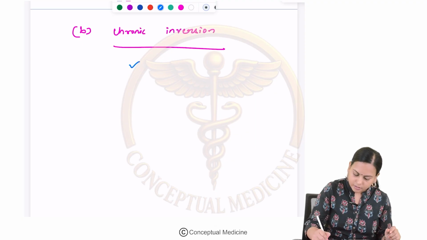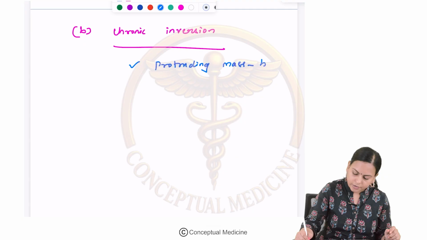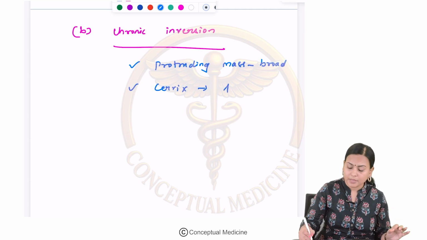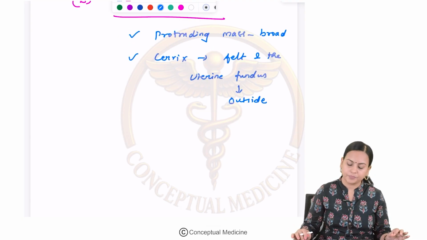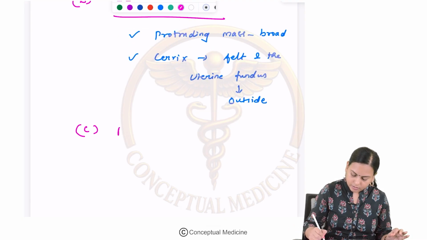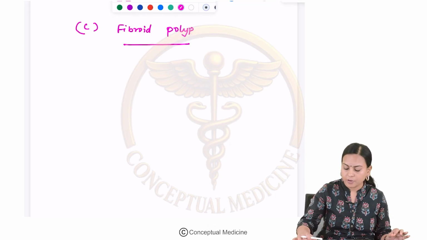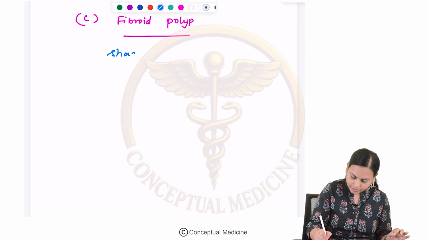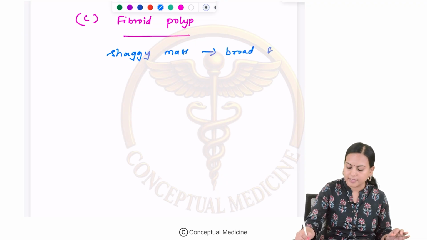Okay. Here, the protruding mass is broad, and remember, the cervix will not be felt separately and the uterine fundus will be seen outside. Okay. And the next point is fibroid polyp. Okay. Fibroid polyp means this will be presenting to you like a shaggy mass with a broad base.